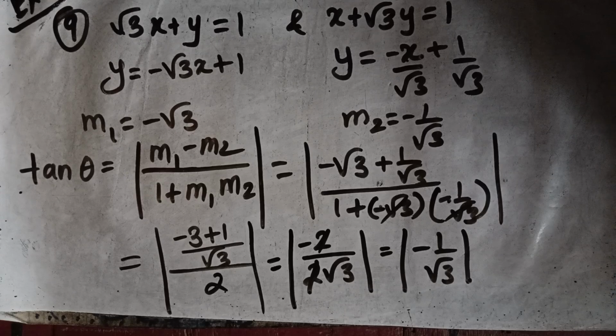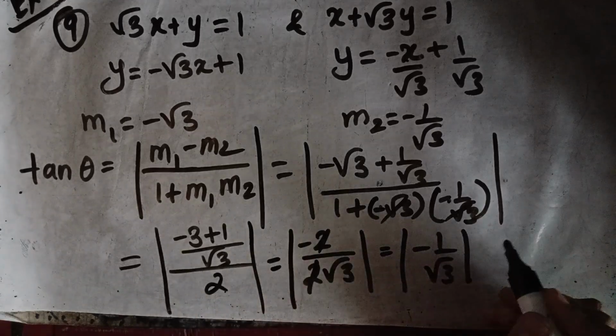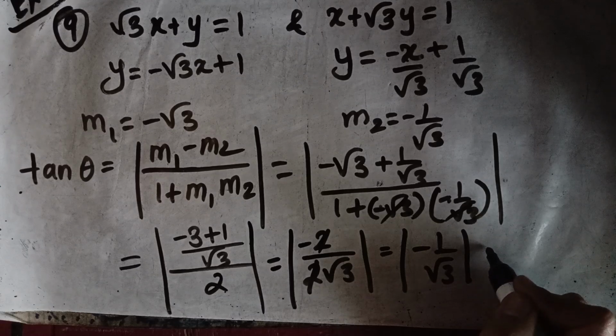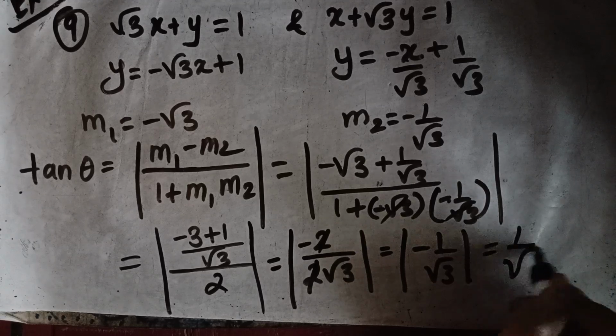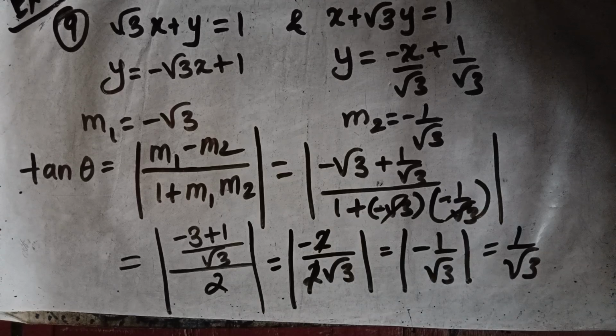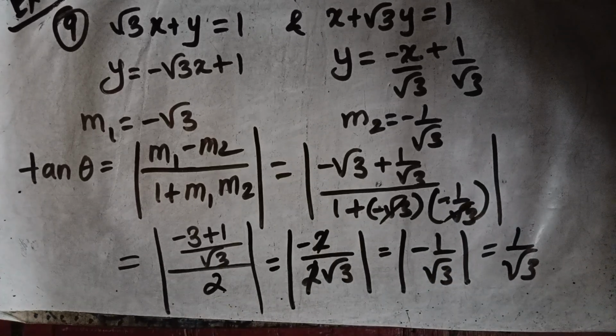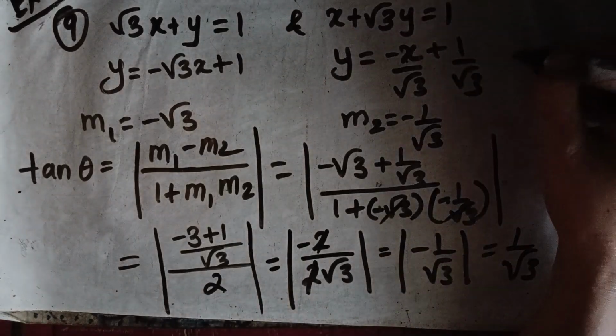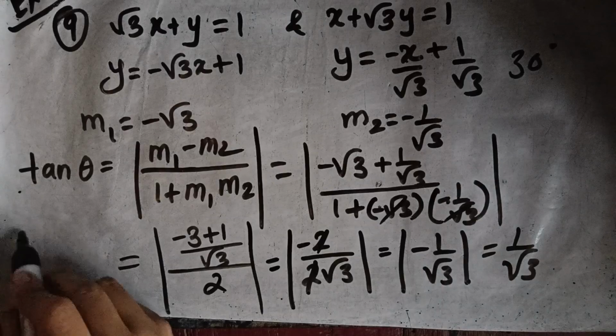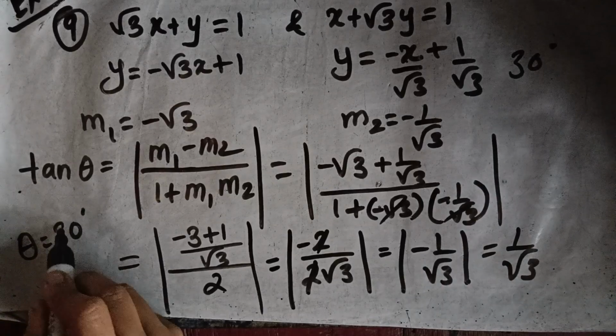Okay. So this is 1 upon root 3. If you remove the mod, it is 1 upon root 3. Correct? So the angle, tan of which angle is 1 upon root 3? It is 30 degree. Correct? So theta is 30 degree.